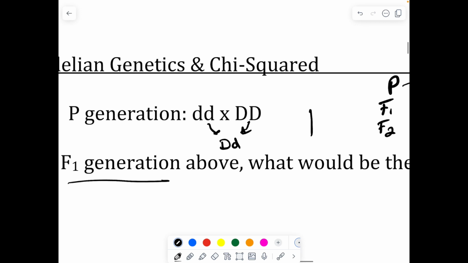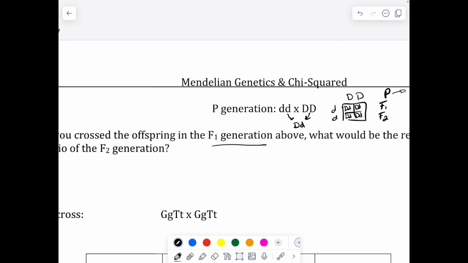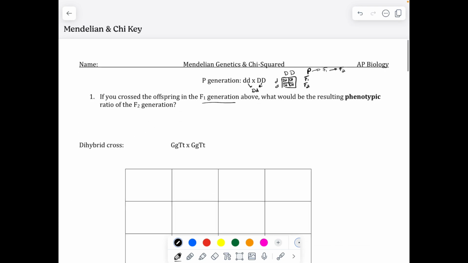So when it asks you to do the cross for the F1 generation, they're saying cross the two heterozygous individuals. So it's saying do this cross.